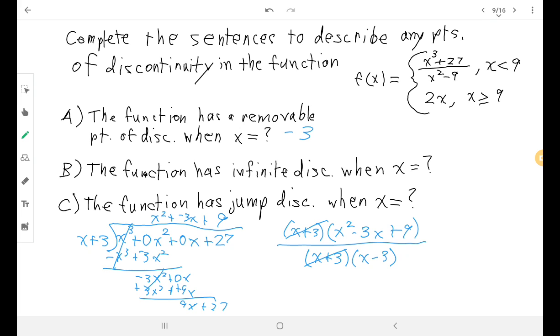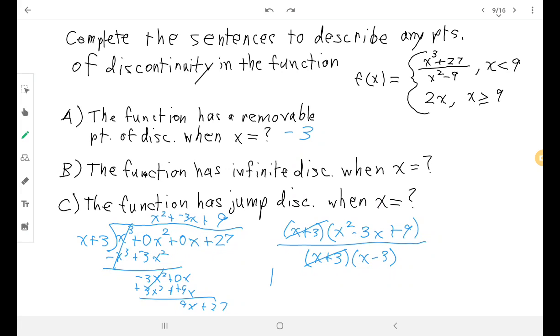And then I've got this left, and what that tells me is that at 3, I get a vertical asymptote.